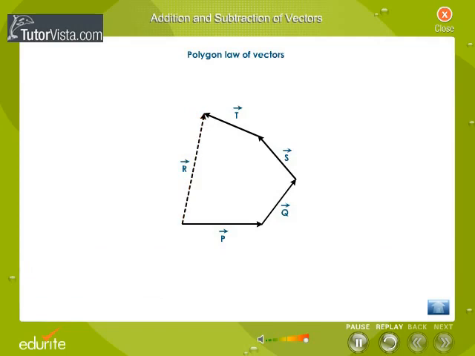Suppose four vectors, vector p, vector q, vector s, and vector t, are represented completely by the four sides AB, BC, CD, and DE respectively of a polygon, all taken in the same order as shown. Then, according to the polygon law of vectors, the closing side AE of polygon taken in the opposite order will completely represent the resultant vector R such that vector R is equal to vector P plus vector Q plus vector S plus vector T.